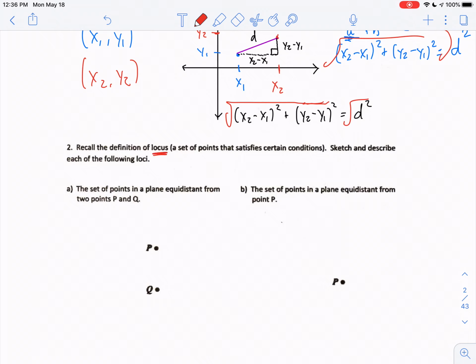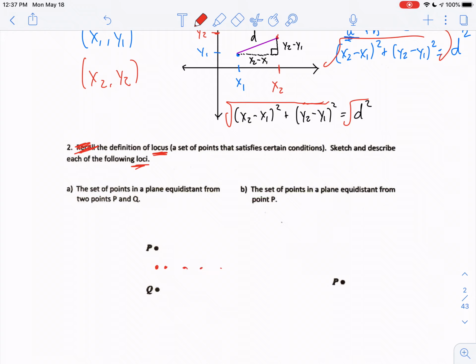Recall the definition of a locus. The definition of a locus is a set of points that satisfies certain conditions. For example, sketch and describe each of the following loci. The set of points in a plane equidistant from the 2 points P and Q. Where are all the points that are equidistant to P and Q? In the middle, obviously, equidistant. What about here?